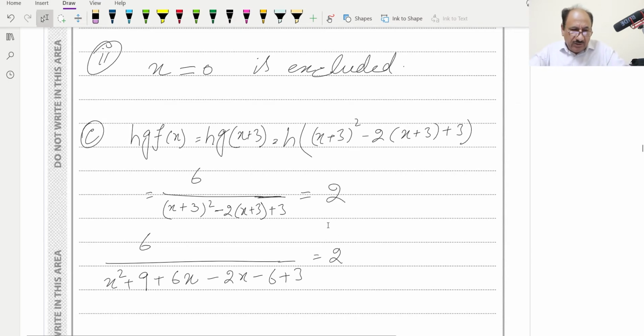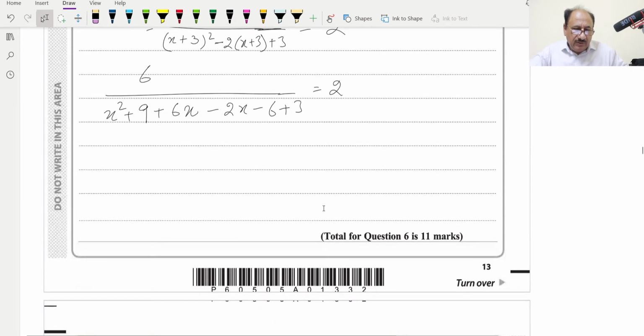And further we can simplify the denominator, and our denominator will become what? This will be 6 over x squared plus 4x, and plus 12, 9 plus 3 will be 12, 12 minus 6 will be 6, so it will be plus 6, is equal to 2.